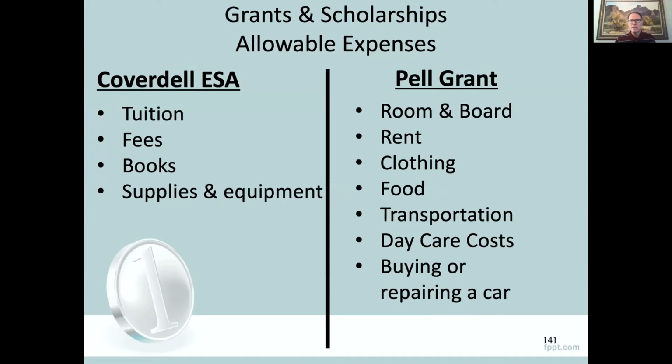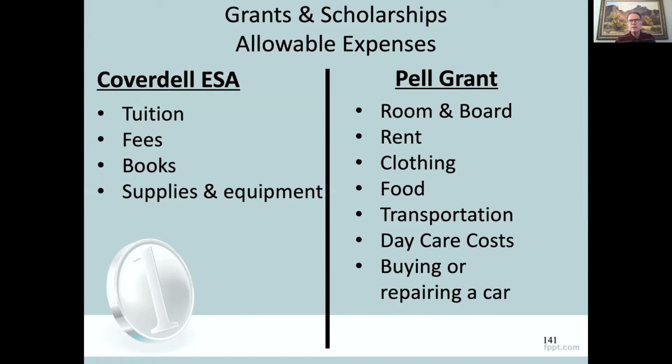Okay, here's a good example of restricted and unrestricted grants for allowable expenses. The Coverdell ESA, the Coverdell Education Savings Account, only covers tuition fees, books, supplies, and equipment. That's a restricted grant. The Pell Grant, on the other hand, is unrestricted. You can use a Pell Grant to pay for your room and board.